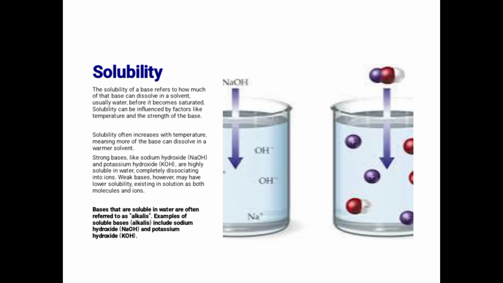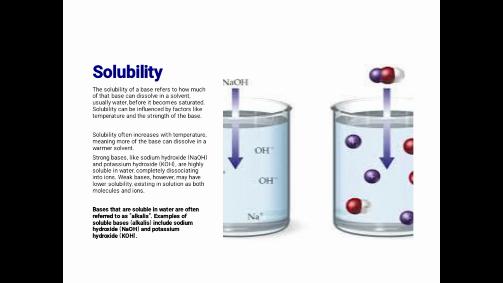because they will dissociate completely in aqueous solution. Weak bases, however, have lower solubility. Therefore, if you want to increase the solubility of a base, especially the weak bases, you can increase the temperature of the medium, and then they become much more soluble, as the case may be.